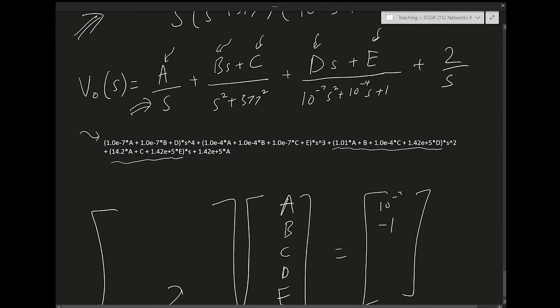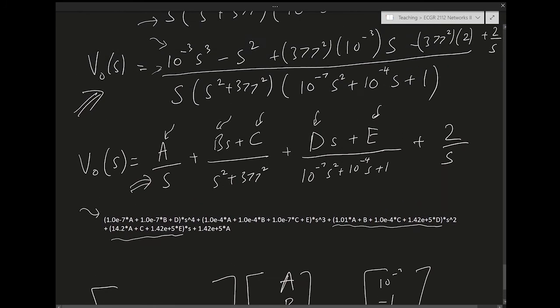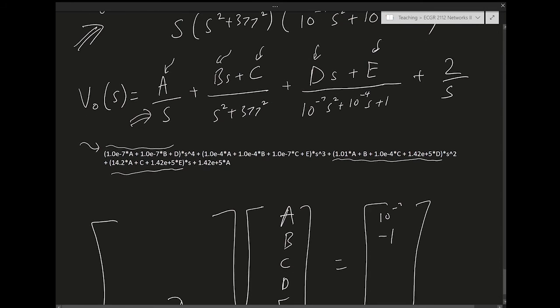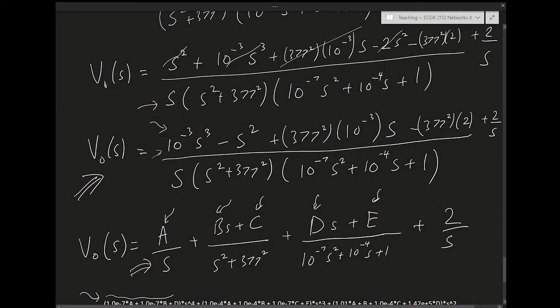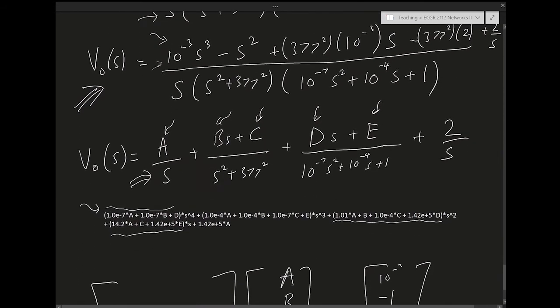How many equations do we have, by the way? We have 5 equations, one for each coefficient, and 5 unknowns, so it makes sense. We have all the way up to S4.